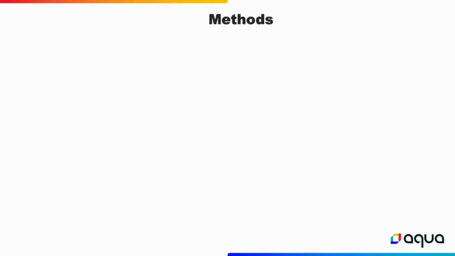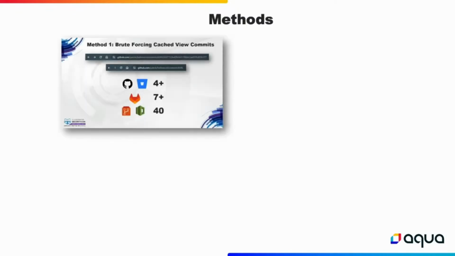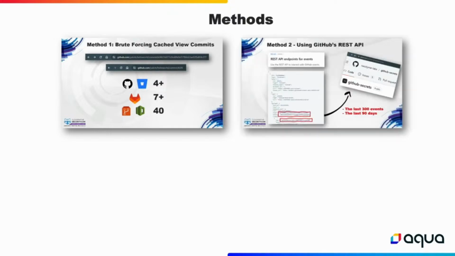As we mentioned earlier, there are several methods to find the hashes of the cached view commits, and you can read the blog for a more technical description. Here is just an overview of some of them. First, it's possible to utilize the redirect mechanism of GitHub and other source code management platforms and brute force them in order to find commit hashes. Secondly, it's possible to find them via the GitHub API.